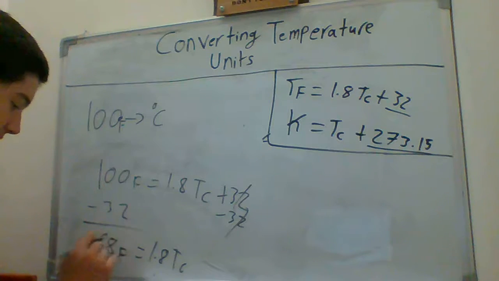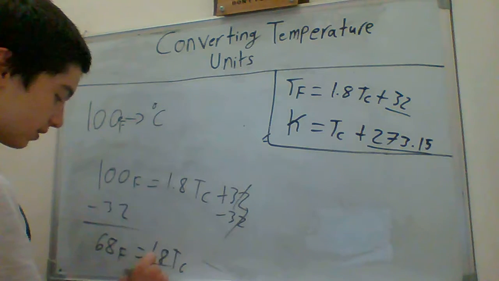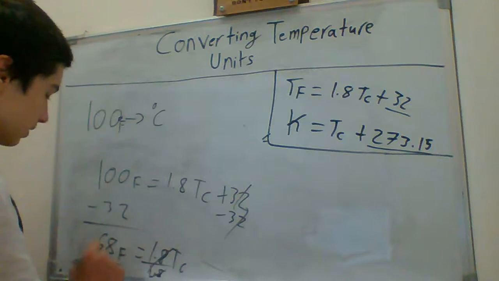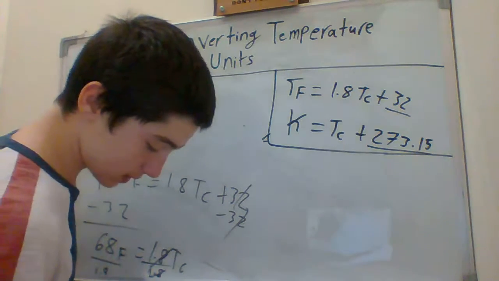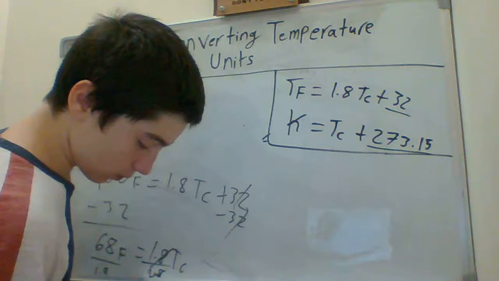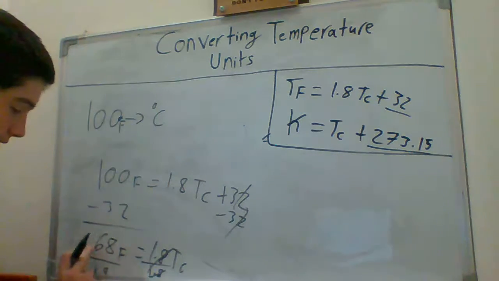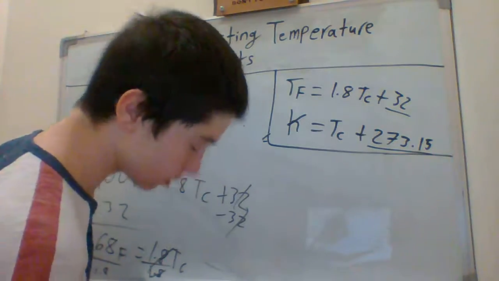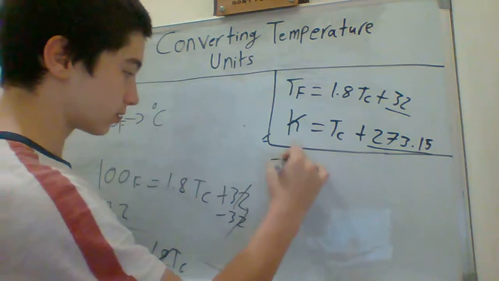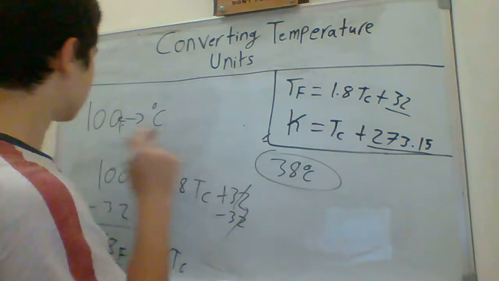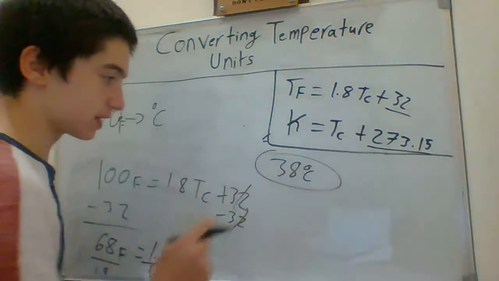Okay, so 68, and then we're going to divide both sides by 1.8, this cancels this out. Then 68 divided by 1.8, with two significant figures, is going to equal 38 Celsius. So 100 Fahrenheit equals 38 Celsius.